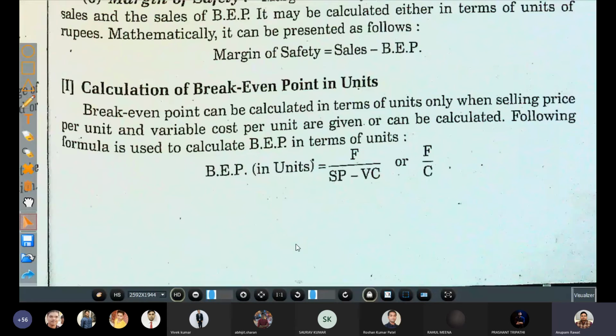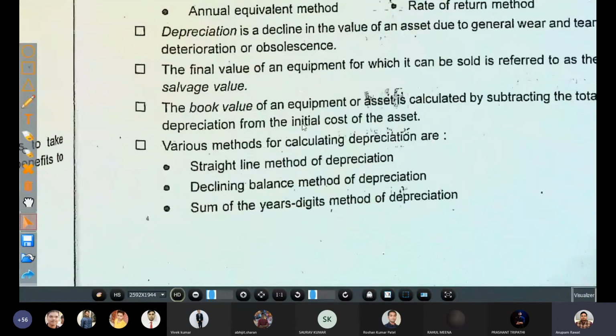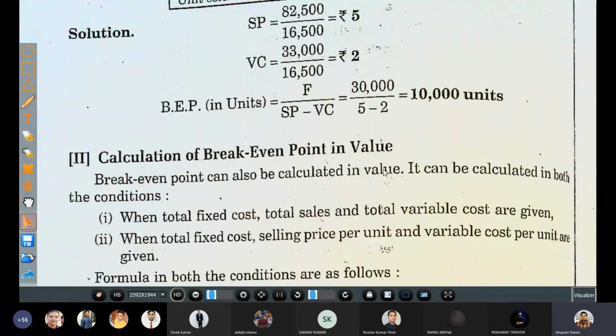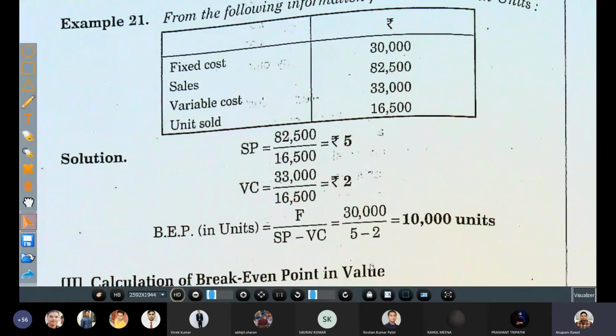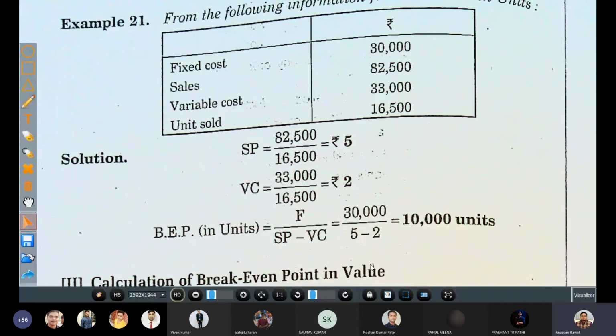Now let us see an example by which we can know how it can be done. In this example, the fixed cost is given, that is 30,000. The sale is 82,500, the variable cost is 33,000, and units sold are 16,500. So the selling price is 82,500 divided by 16,500, and variable cost is 33,000 divided by 16,500.